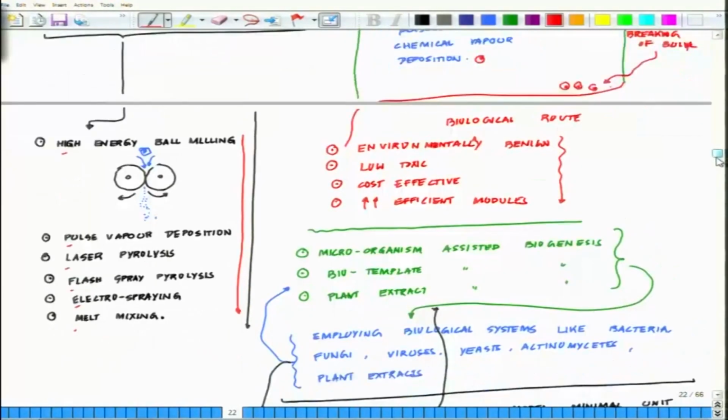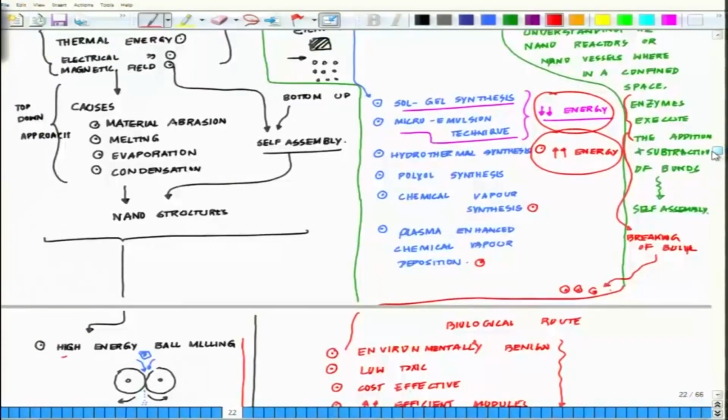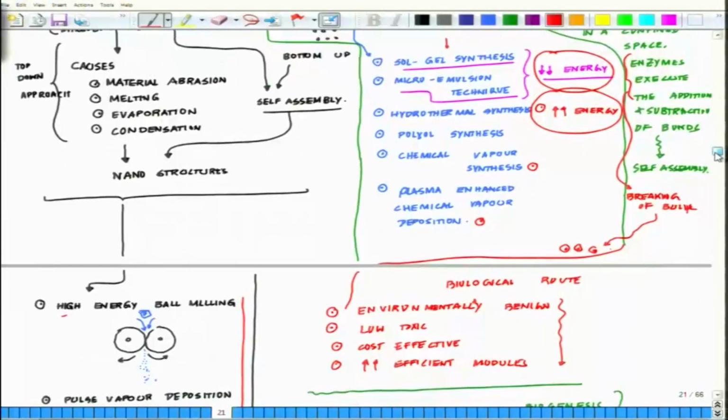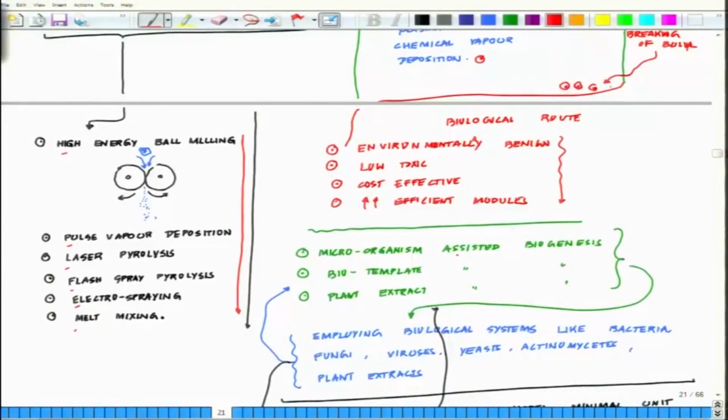Then in the chemical route, we will talk about sol gel methods, microemulsion technique, hydrothermal synthesis, polyol synthesis, chemical vapor synthesis, plasma enhanced chemical vapor deposition. And then in the biological routes, we will talk about microorganism assisted biogenesis, biotemplate assisted biogenesis and plant extract assisted biogenesis. Okay, so we will close in here.